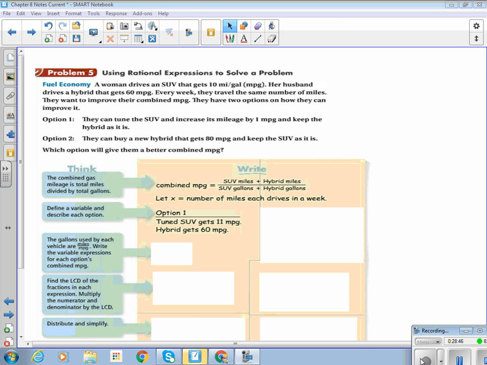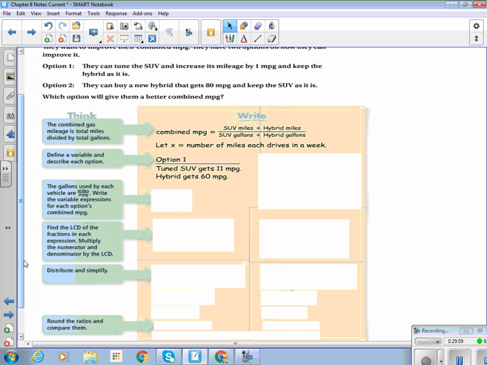We're going to take a look at option 1. The tuned SUV gets 11 miles per gallon because it's 1 better than the 10. The hybrid gets 60 miles per gallon. We'll do option 1 first. The gallons used by each vehicle are miles divided by miles per gallon.